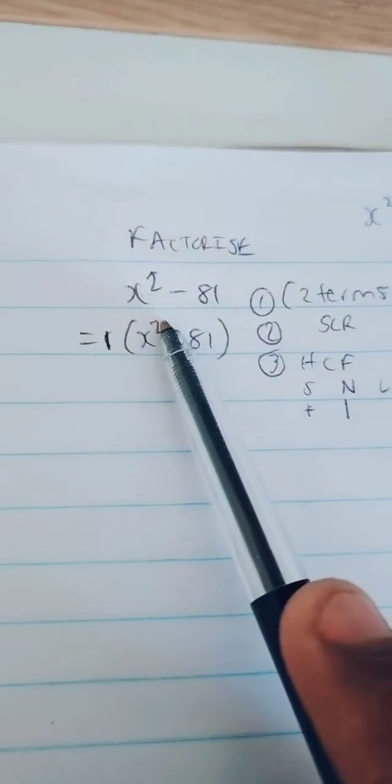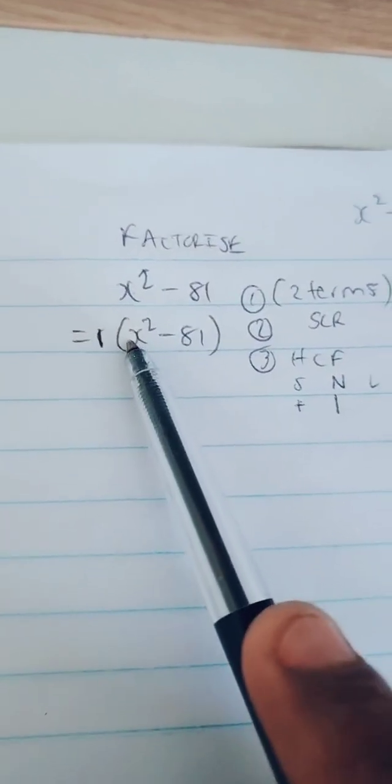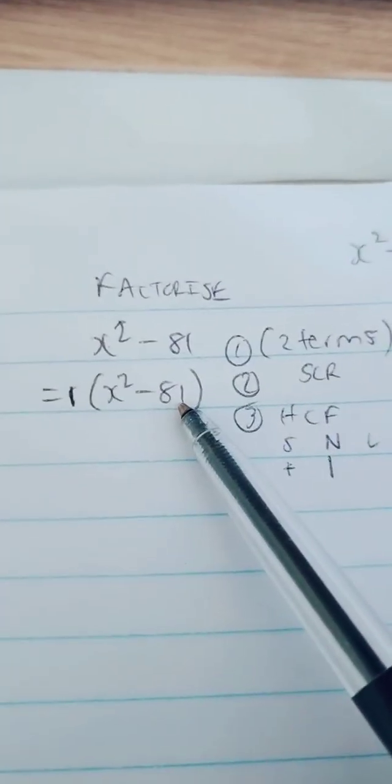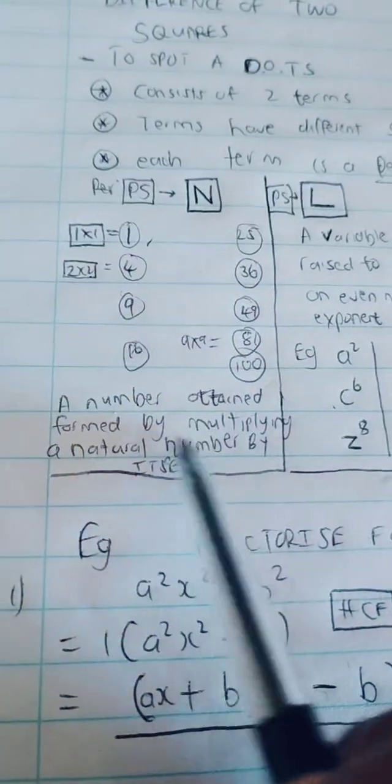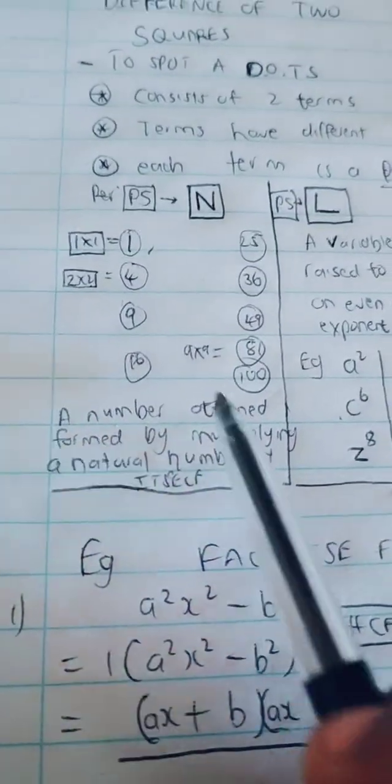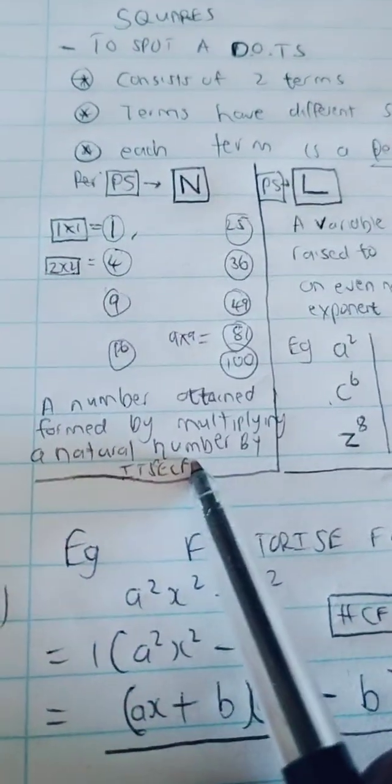So x squared is a perfect square letter. It has a coefficient that is 1. Is 1 a perfect square number itself? Yes. We move on to 81. Is 81 a perfect square number? Well, 81 is a perfect square number because it is formed by multiplying another natural number by itself, which is 9. So it is, guys.